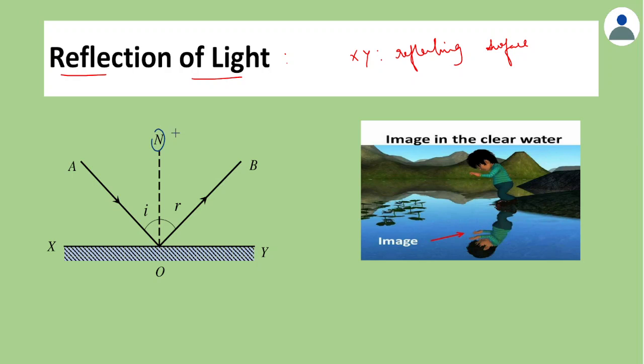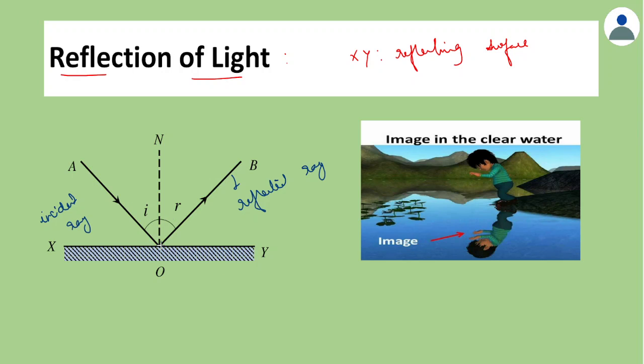Here normal is in the mathematical sense, meaning it is perpendicular to the surface. So here we draw the normal at this point O, and then this OB is the reflected light or reflected ray. So AO is called the incident ray. This is called the reflected ray.